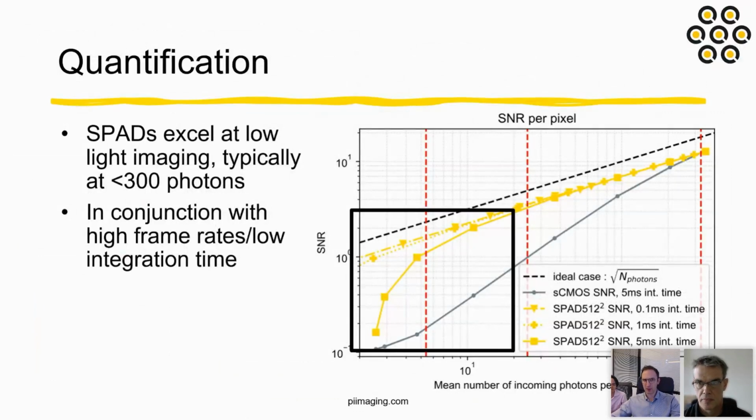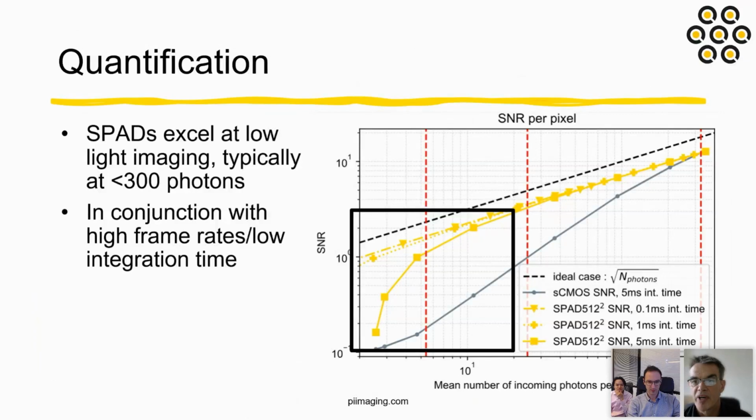Let's say you have a dark count rate in our image sensor of approximately 5 counts per second, or let's say it's 10, then we need to multiply this dark count rate by either 0.1 milliseconds, in this case 1 millisecond, or 5 milliseconds. So it's just that the dark counts accumulated during a longer period will be higher.